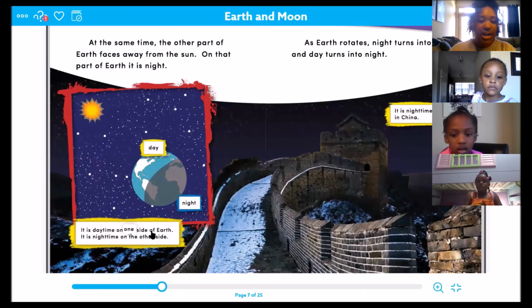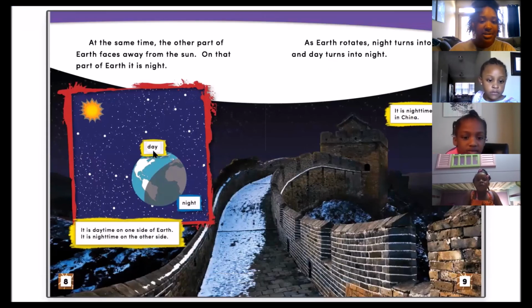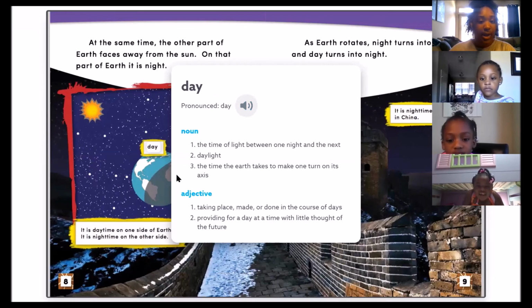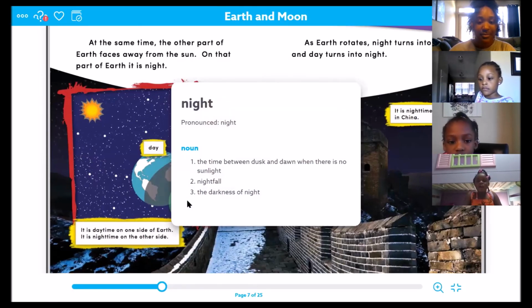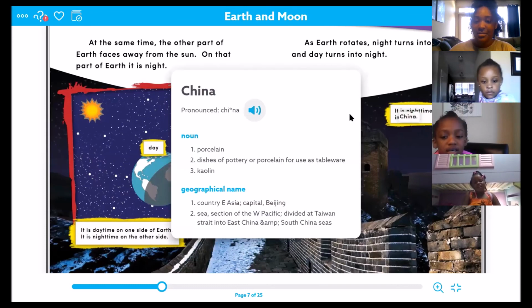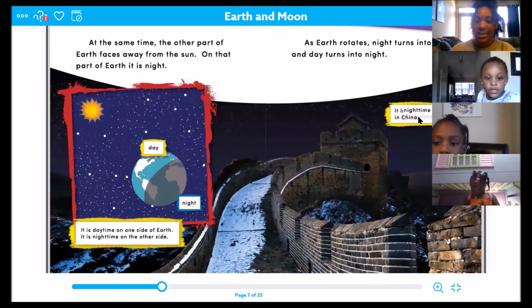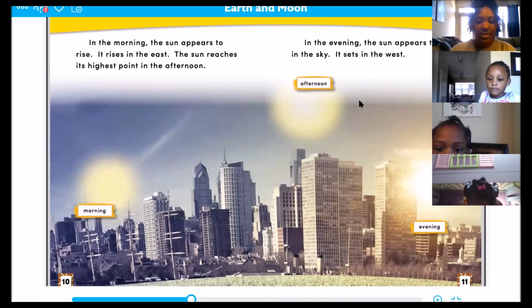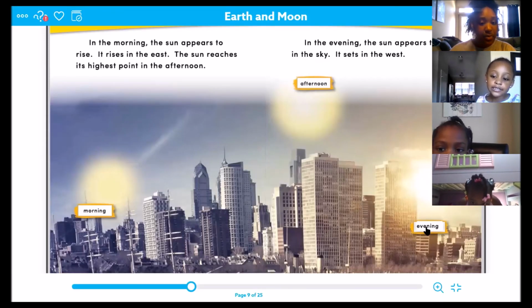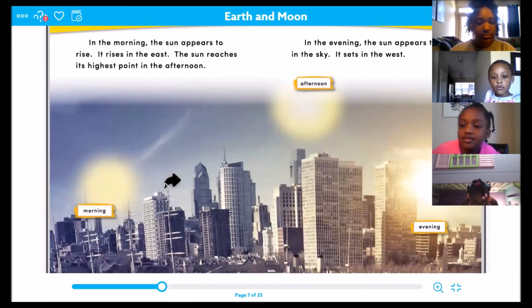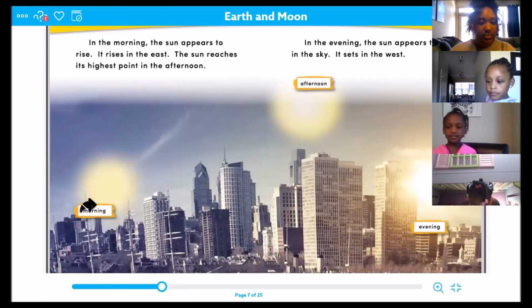And we have more captions. Wait. Day. Oh, wow. The sun. China. Oh, it is nighttime in China. We have all these labels. It's telling us. Morning.